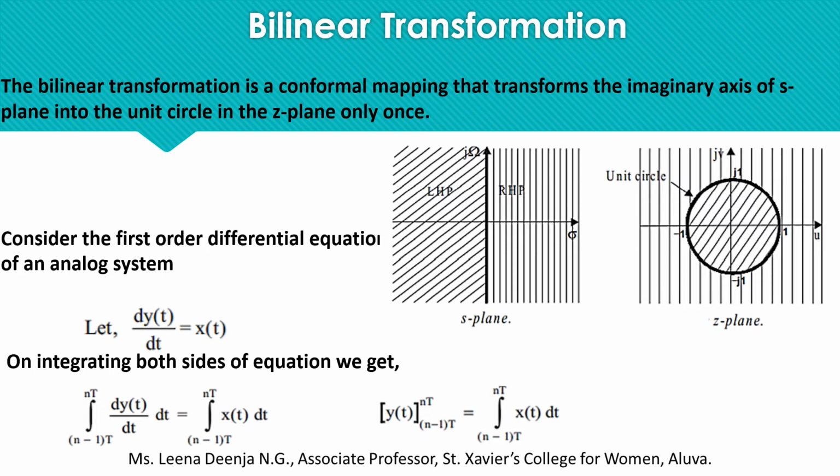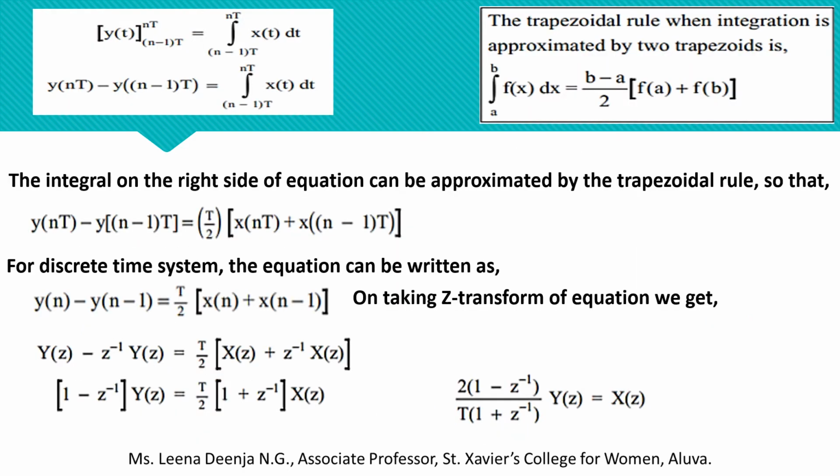That is, y of t between (n minus 1)T and nT equal to the integral from (n minus 1)T to nT of x of t dt. Applying the limit to the left hand side, we get y of nT minus y of (n minus 1)T equal to the integral from (n minus 1)T to nT of x of t dt.